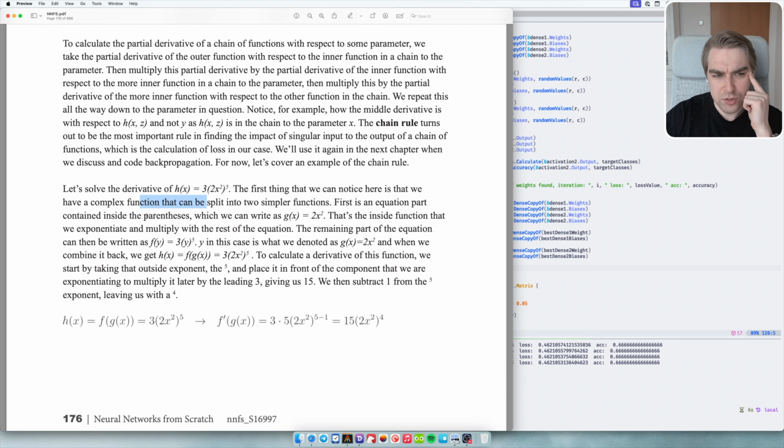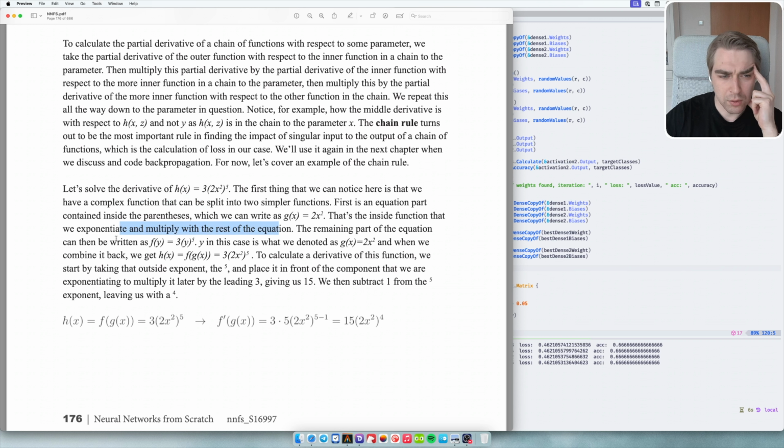First is an equation part contained inside the parentheses, which can be taken out. You can open the parentheses here, but okay, that inside function we exponentiate and multiply with the rest of the equation.